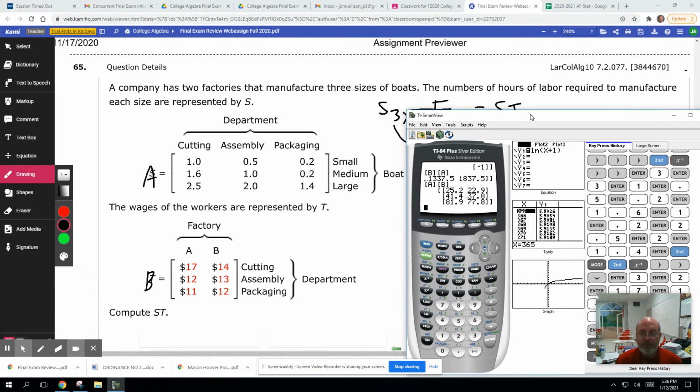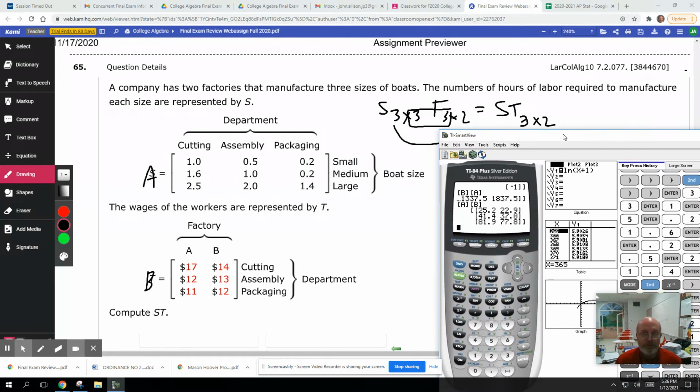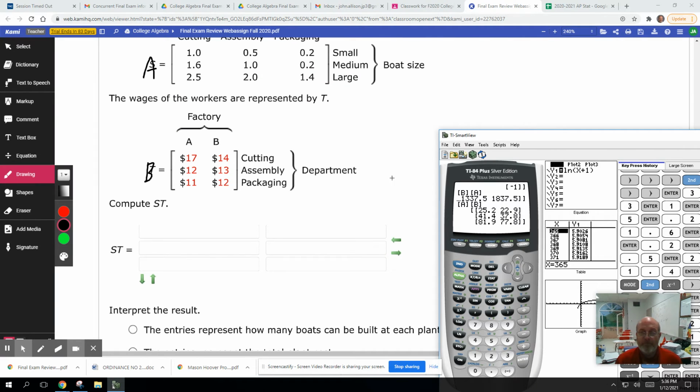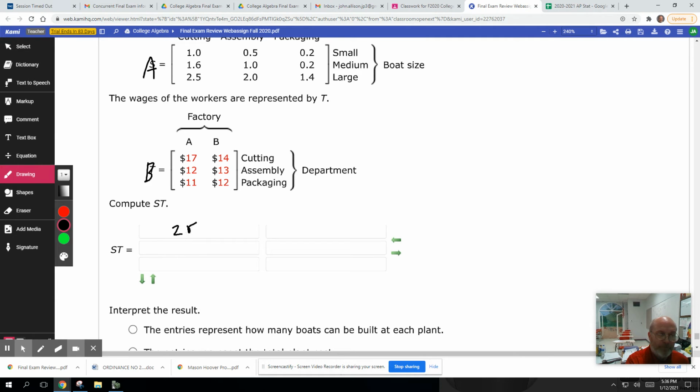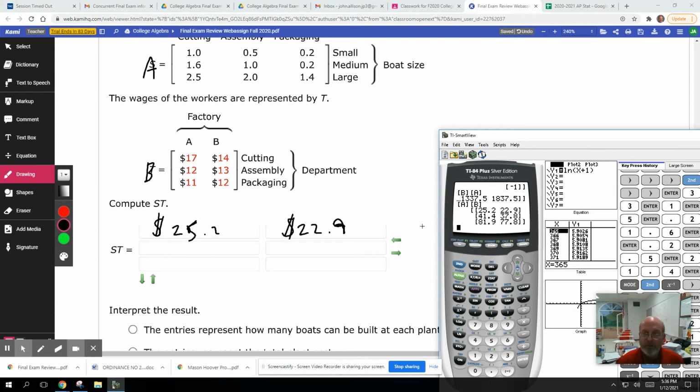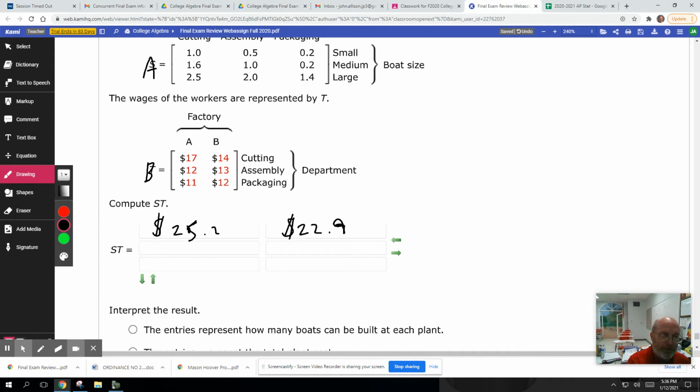And so let's see here, scroll down. Entries are 25.2 and 22.9. And all these are going to be dollars. Let's get our second row: 41.4 and 37.8.